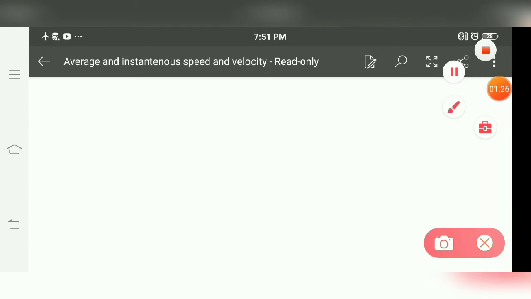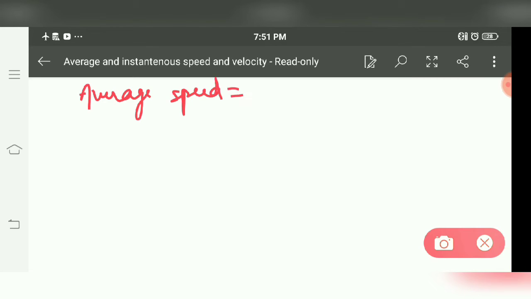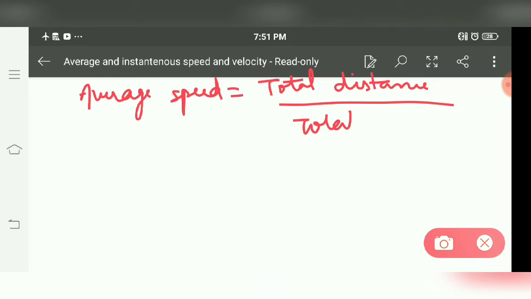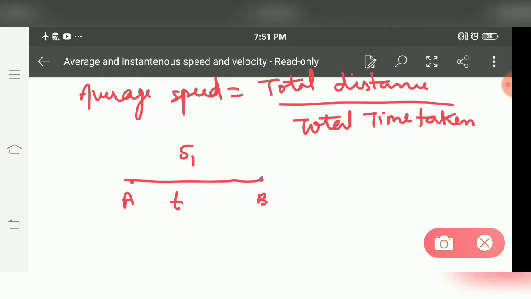First of all, we know that average speed is total distance by total time taken. Suppose a body moves first from A to B and covers displacement or distance s1 in time t1.